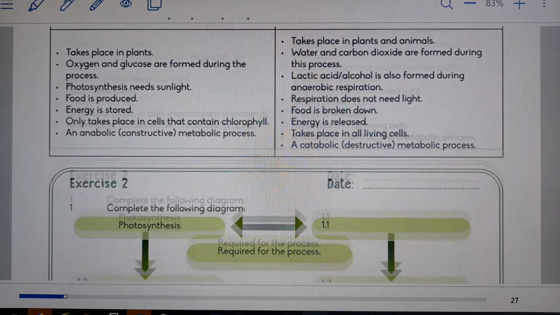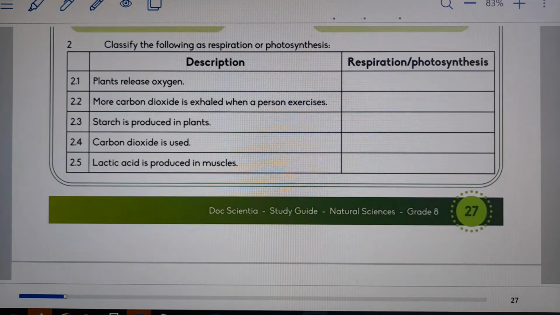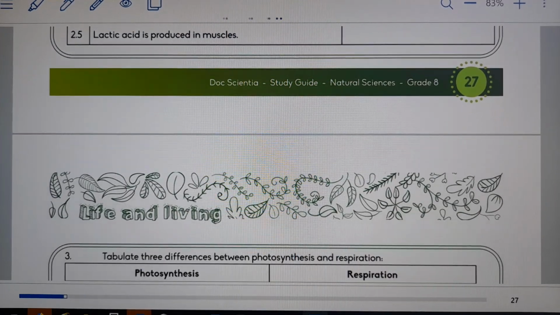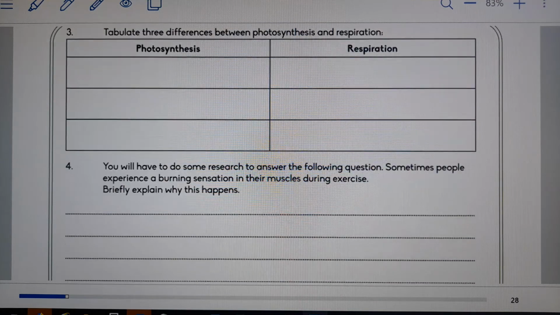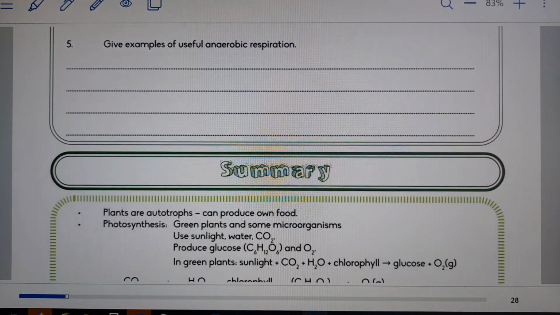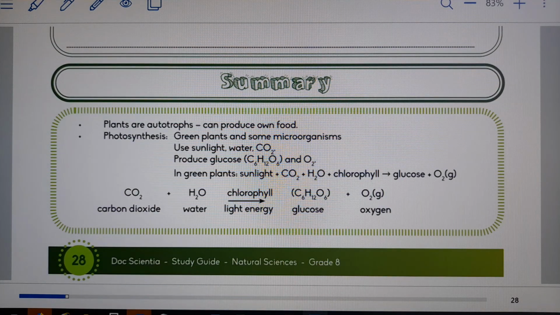So we get the differences between the two processes. Please study that, know that when the time comes, I will ask you the questions.